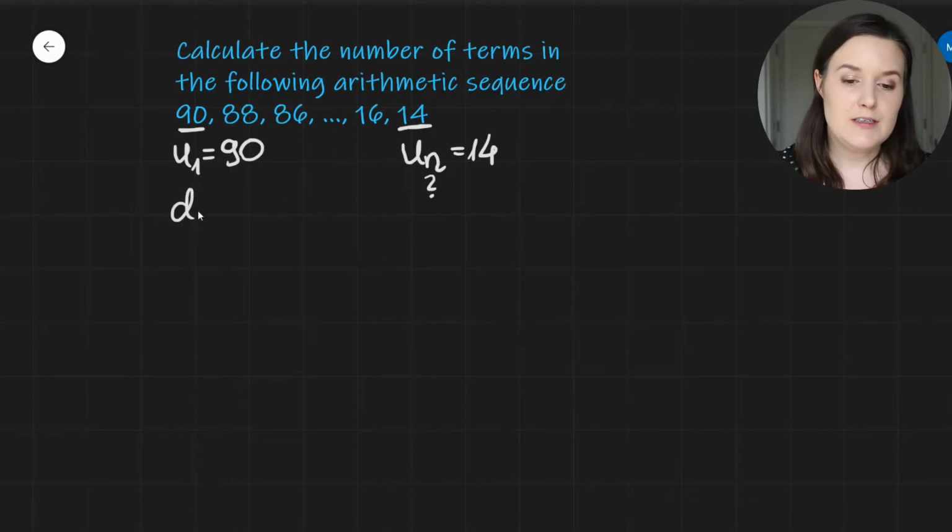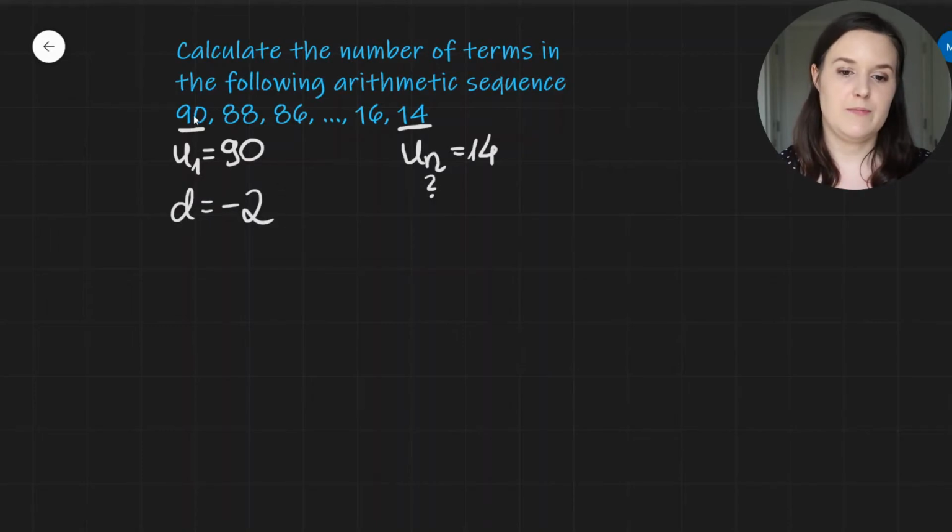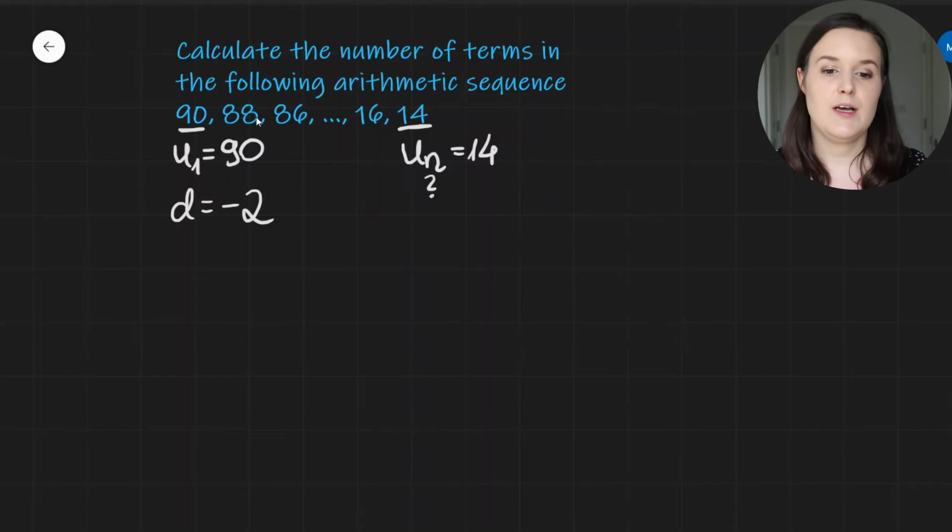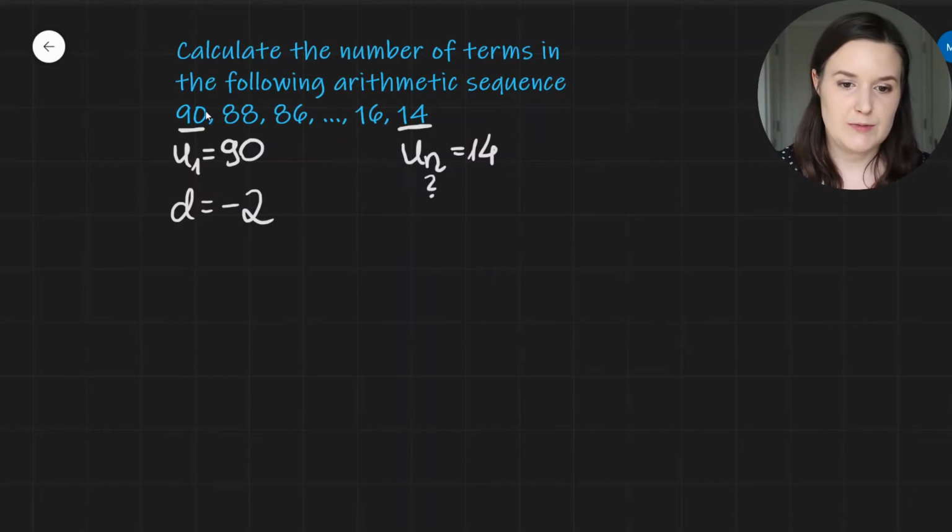And I know the common difference is minus 2. To get from 90 to 88 I have to subtract 2, subtract 2, subtract 2. The common difference is negative 2.